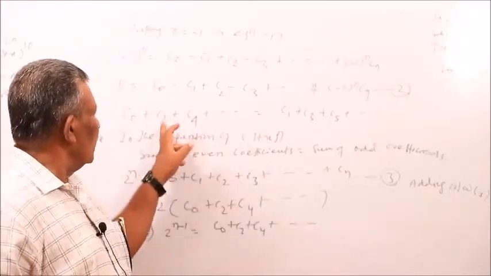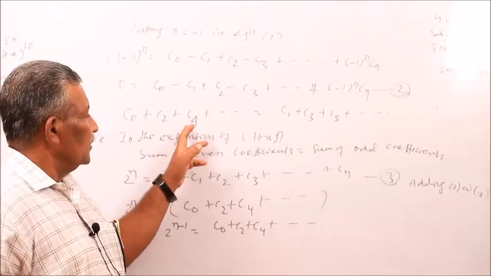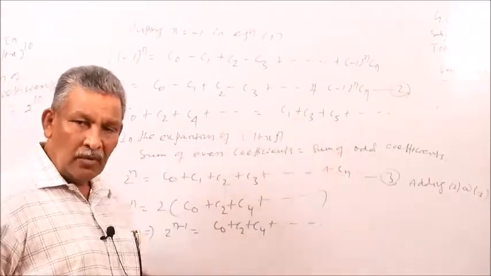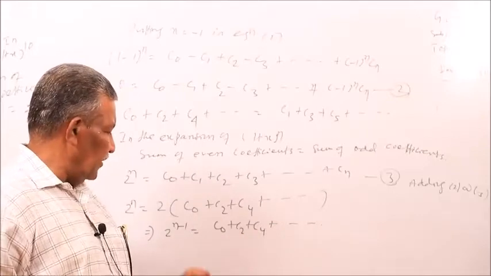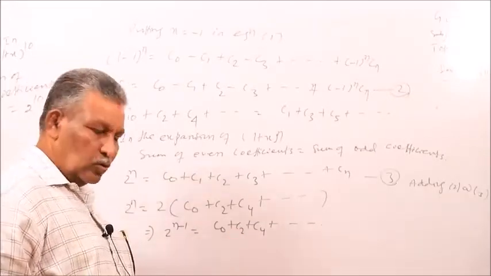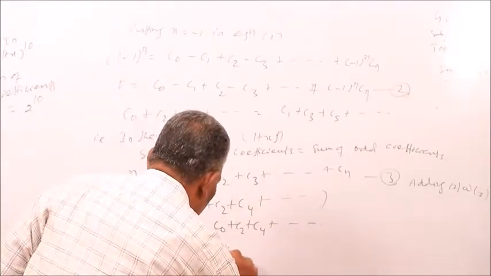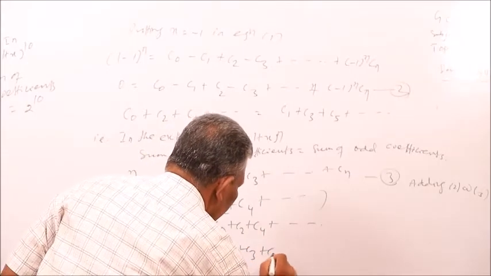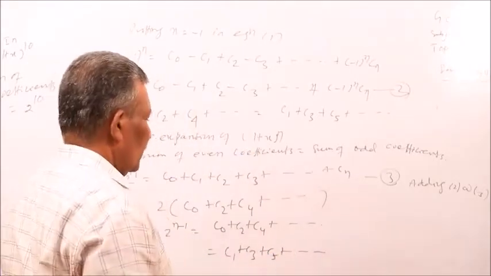In this step we have seen that the sum of even coefficients is half the sum of all coefficients. Here we have found that the sum of even coefficients equals 2^(n-1). Also the sum of odd coefficients is 2^(n-1).